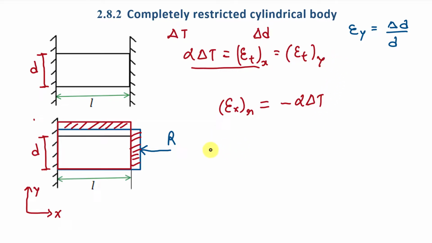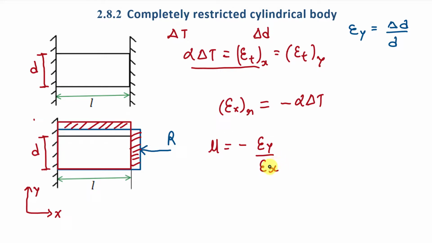Fine. We also know the formula of Poisson's ratio mu, that is minus lateral strain, that is in y direction, divided by linear strain, that is in x direction, right? Here our linear direction will be this direction because we are applying load in this direction, right?